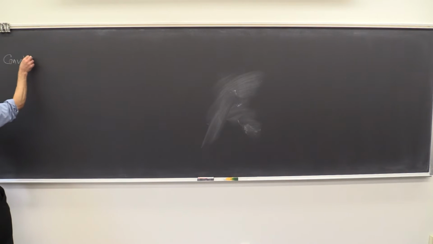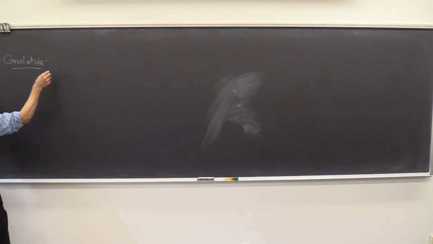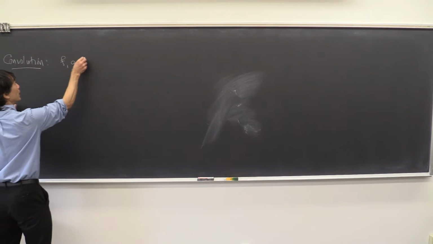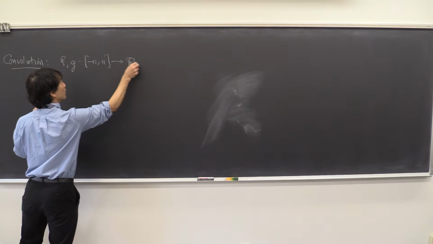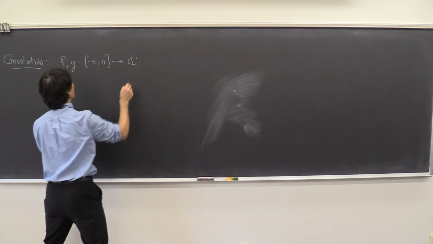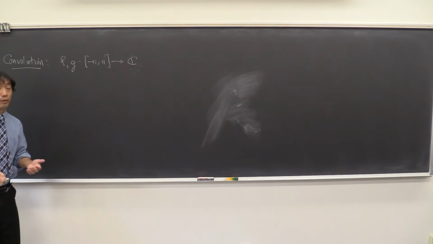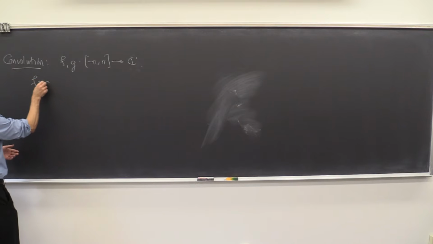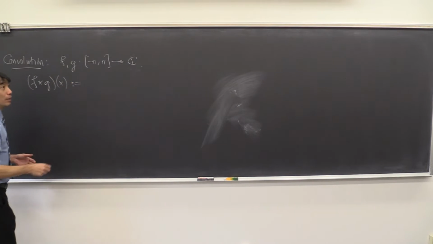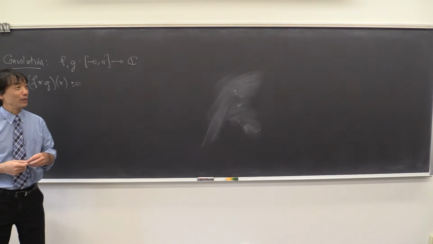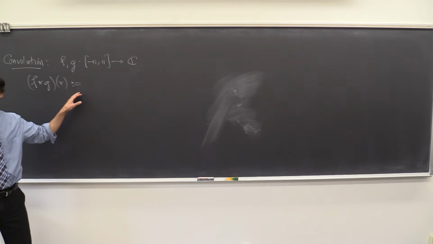You have two functions, say on negative pi to pi, right? And then you define the convolution of these two functions at a point as, come on, you define the convolution of those two functions at a point as what?